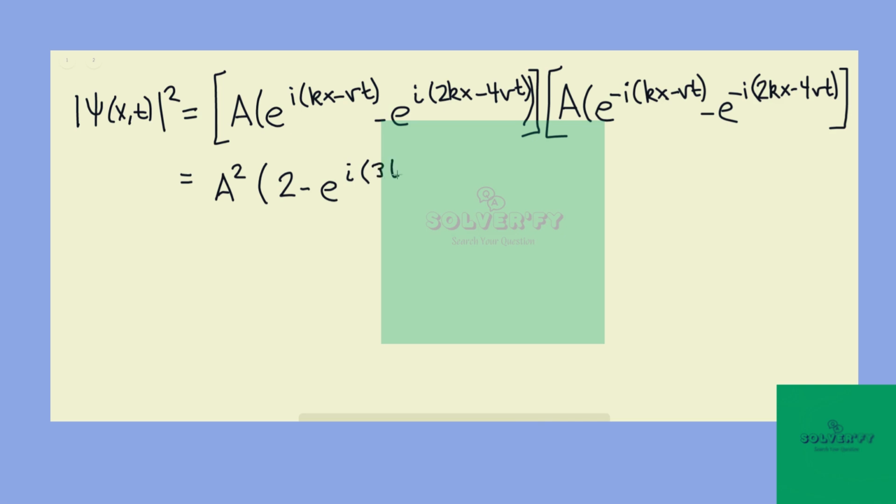But I think it'll be pretty straightforward how this happens, just doing some exponential math. We end up with a 1, which appears twice, and they add together to a 2. We have this second term and this third term.